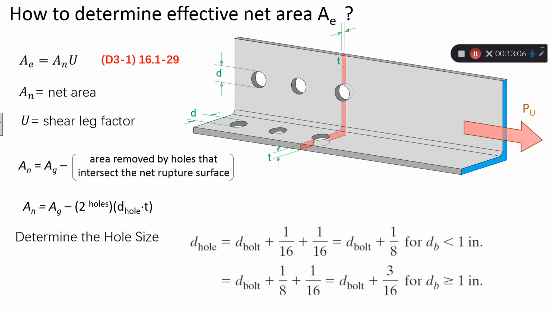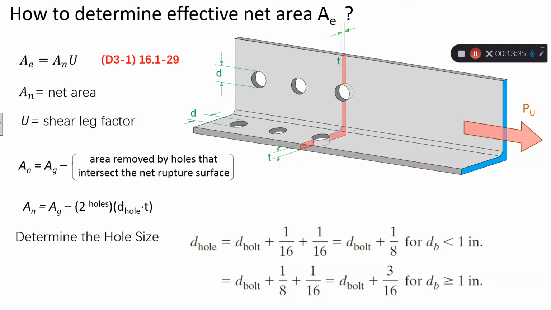So for example, in this scenario, An is the gross cross-sectional area, the blue shaded area of the L angle, which you can find from the manual, Table 1-1, right?